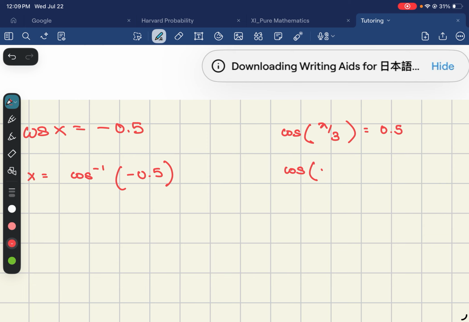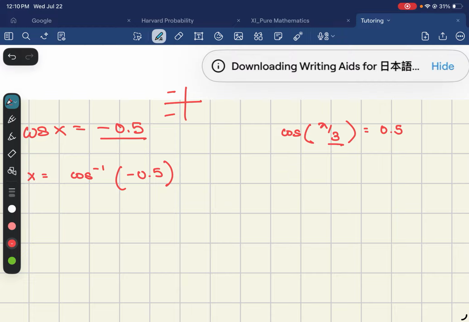Pi by 3 is acute, right? Cosine is negative in the second and the third quadrant.